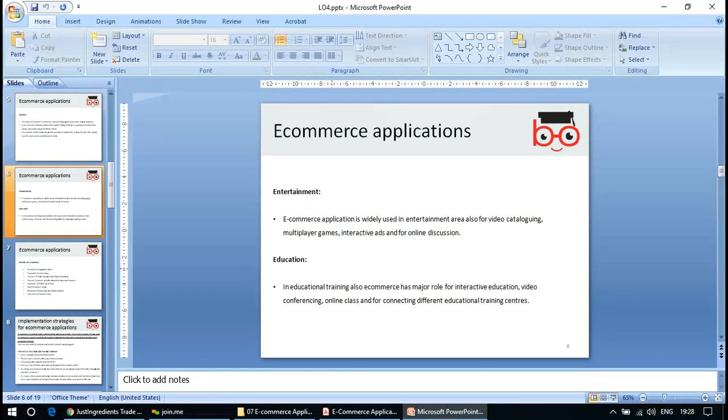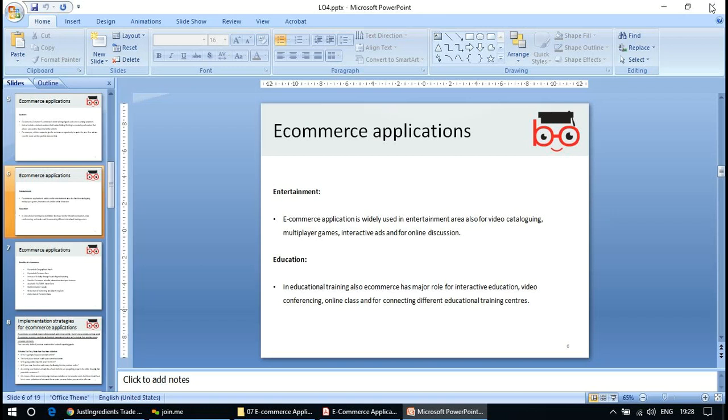Education and training have a major role, with video conferencing, online classes, and connecting different educational training centers. For example, distance learning is a kind of e-com application, and it's interactive and blended learning.